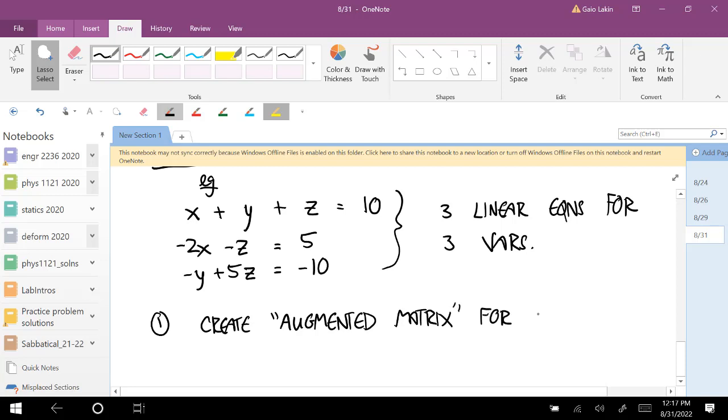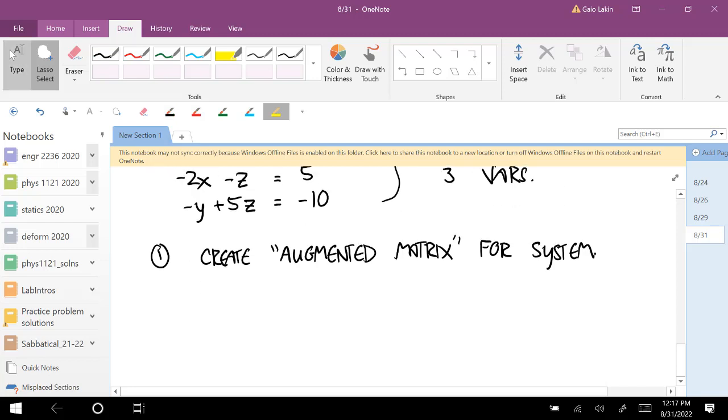For this system of equations, to do that, get all the variables on the left side of the equation and all the constants on the right side.